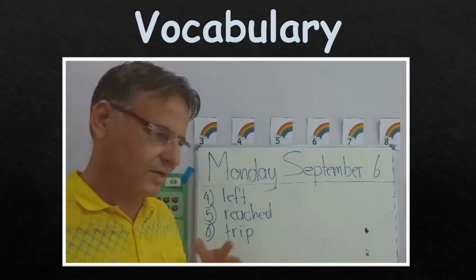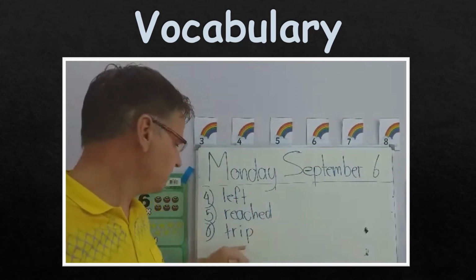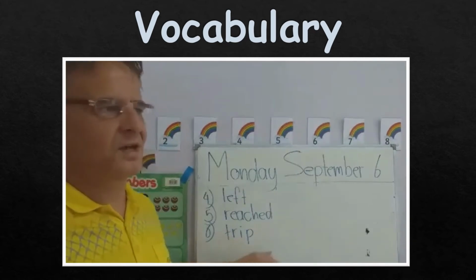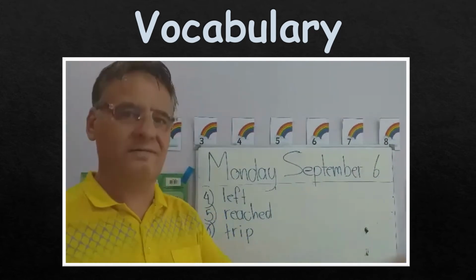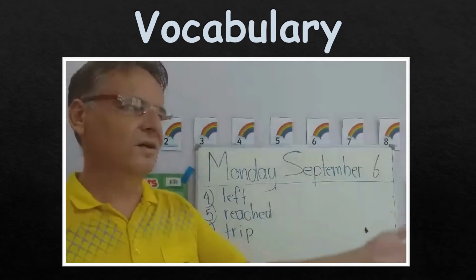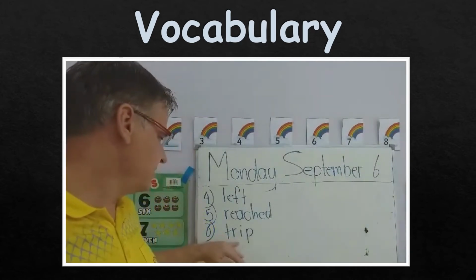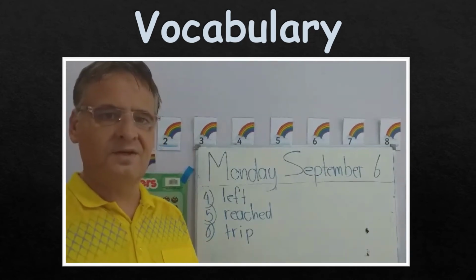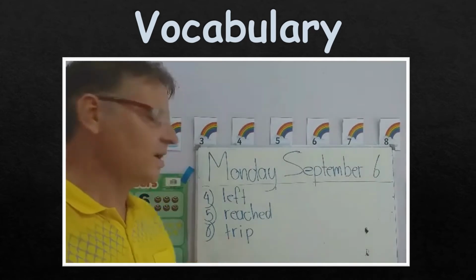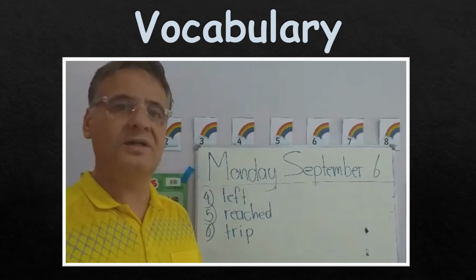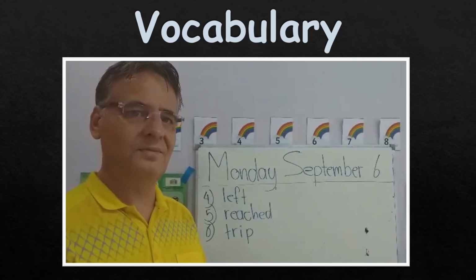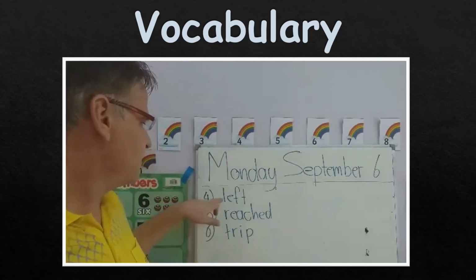When you have a short drive somewhere, you call that a trip. It's not a travel. A travel means if you go away for a week or 2 weeks, then you went on a journey. But if it's short, you went on a trip. So a short travel is called a trip. Okay? Good.